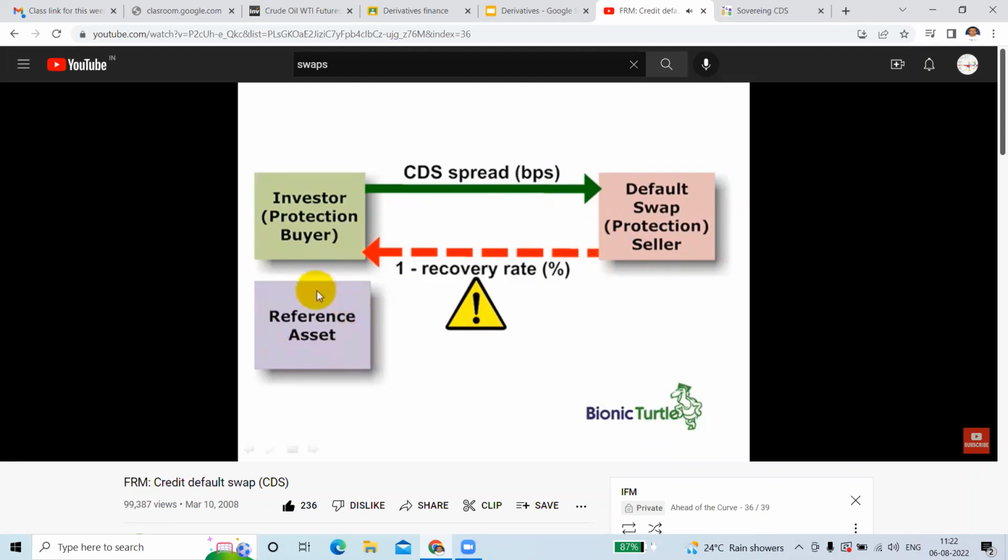Notice I did not draw a line between the reference asset and the investor or protection buyer. That's because the investor may own this underlying bond, but the investor does not need to own it. So this is an important feature of the credit default swap. An investor can buy protection on an underlying reference asset without actually owning it. If we look at the investor now, the protection buyer, what we have is a bilateral contract between these two counterparties. Here's a counterparty, and the default swap seller is also a counterparty.